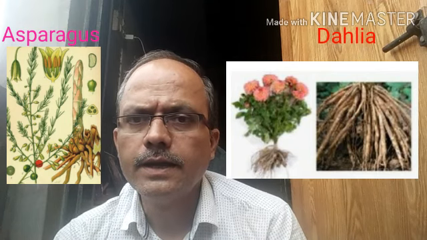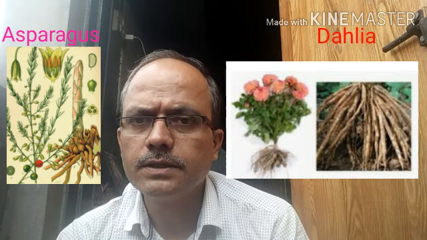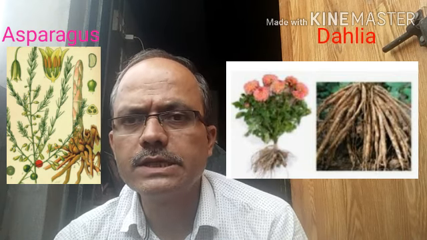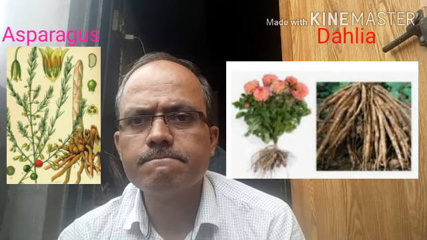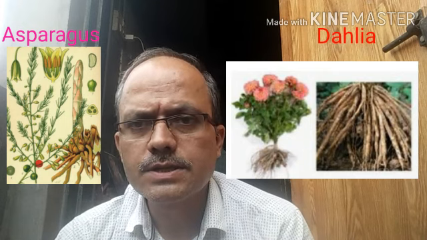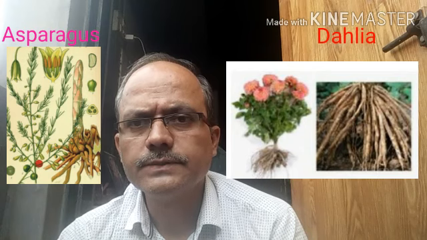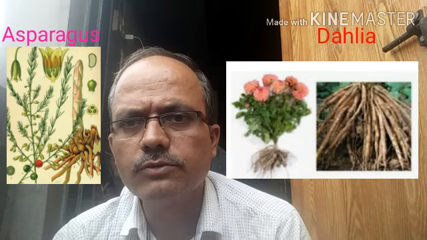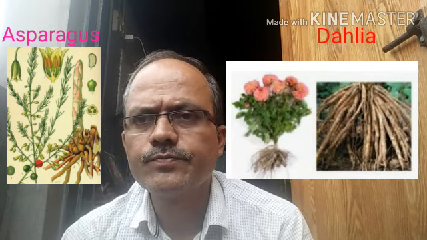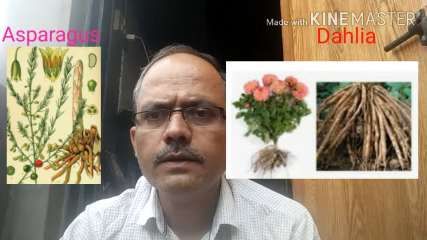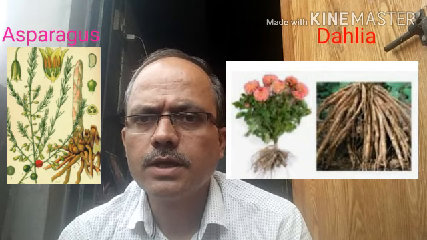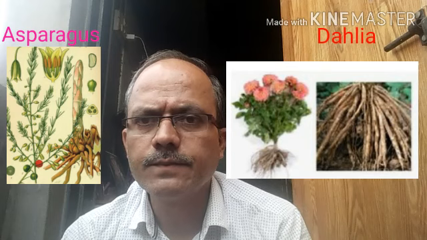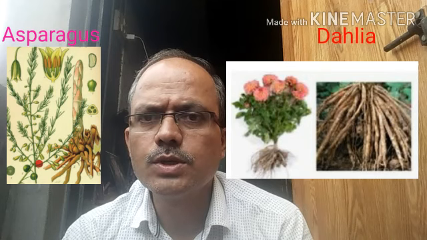Dahlia is a garden or flowering plant of the family Asteraceae, the sunflower family. Asparagus is a monocot, and in Marathi it is called shatmul or shatavari. In Asparagus racemosus, a bunch of roots is developed for modification, and this is called the fasciculated root system.